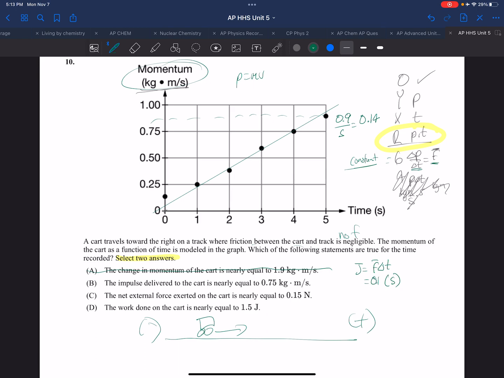And the time is 5 seconds. So we're left with 0.14 times 5, 0.9. So J is 0.9, not 0.75.